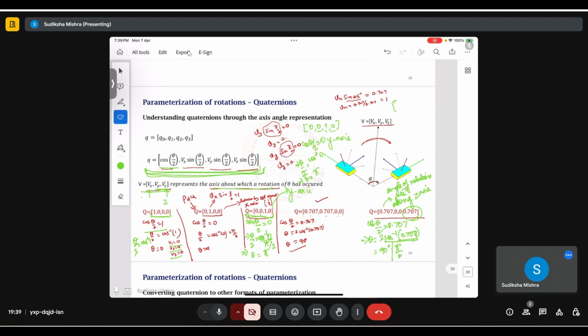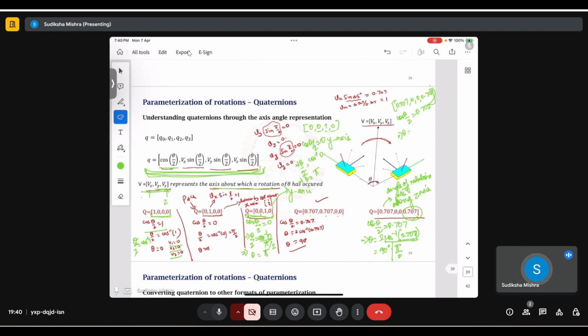Again, take 0.707, 0, 0, 0.707. In this case, cos theta by 2 is equal to 0.707.